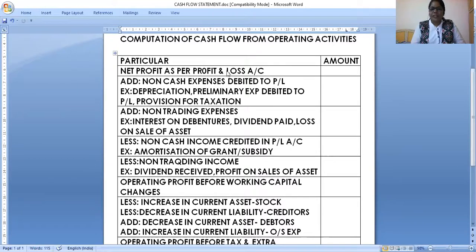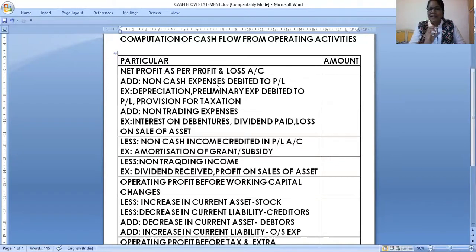In net profit as per the profit and loss account, add non-cash expenses which are debited in the profit and loss account. Now, as soon as we say non-cash, every student knows depreciation is a non-cash expense which reduces the profit and no money is going out.